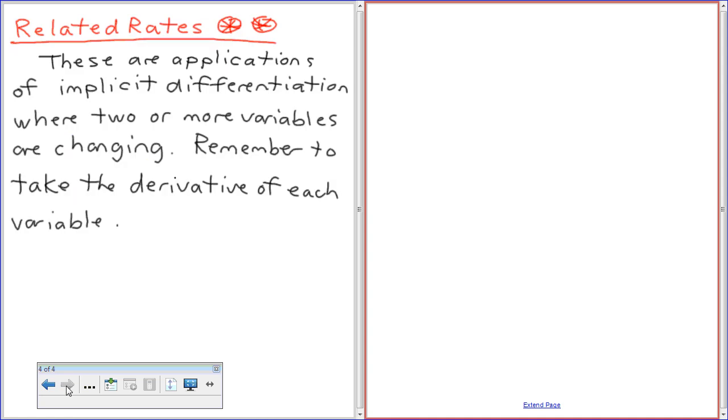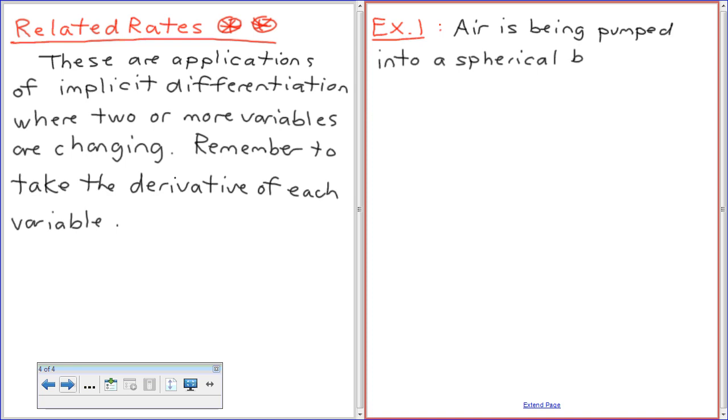So today's example, which is example 1, says: air is being pumped into a spherical balloon at a rate of 5 centimeters cubed per minute.